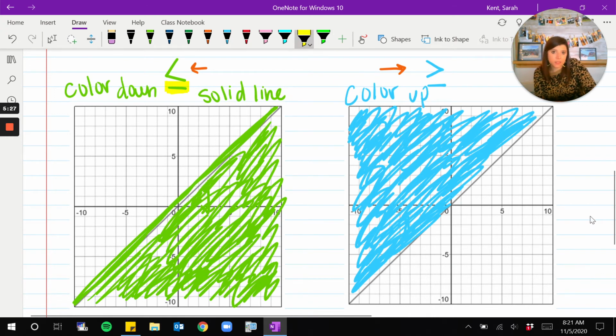And then we'll see we have this line underneath. So again, I want a solid line on my graph.